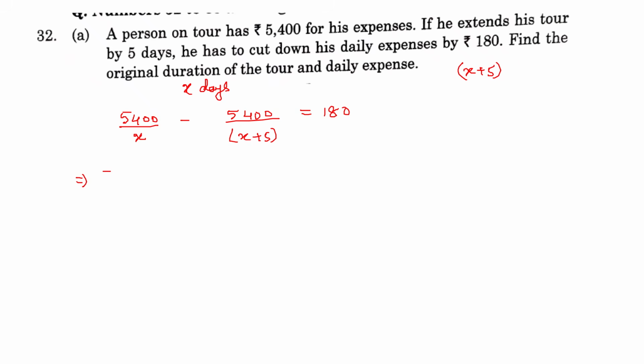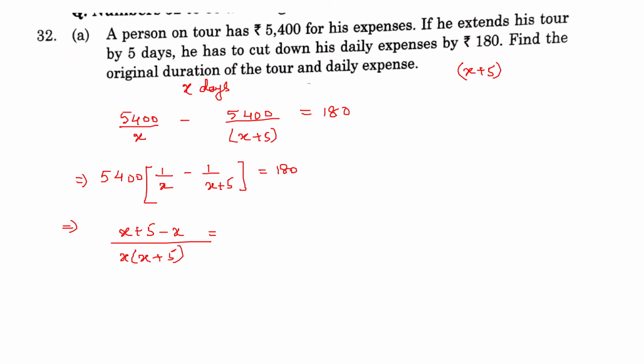Now take 5,400 common. So it will be 1 by x minus 1 by x plus 5 equal to 180. Next, transpose 5,400 to the other side and take the LCM. So x into x plus 5 equal, here it will be x plus 5 minus x equal to 180 divided by 5,400.